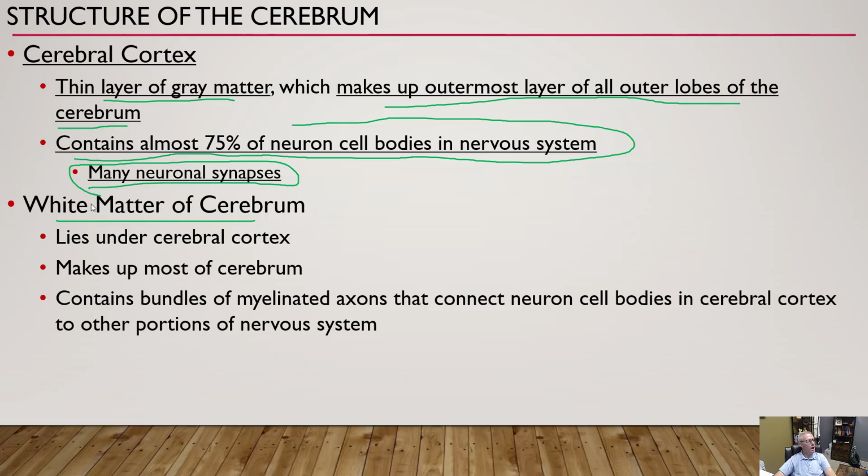All right, white matter of the cerebrum lies underneath that cerebral cortex. It makes up most of the cerebrum, and it contains a lot of those myelinated axons, hence white matter, and it connects cell bodies in that cerebral cortex to other parts of the nervous system.